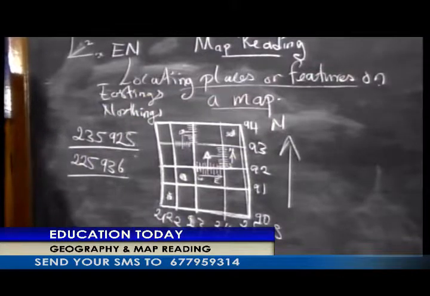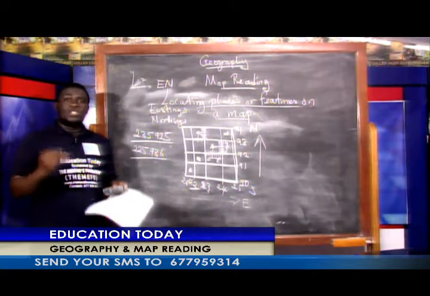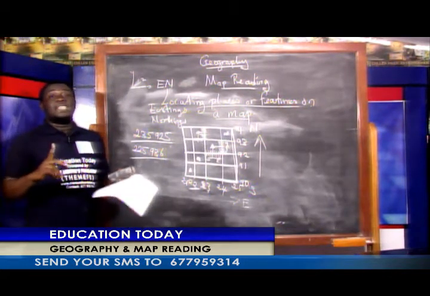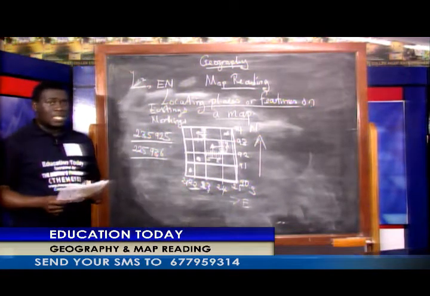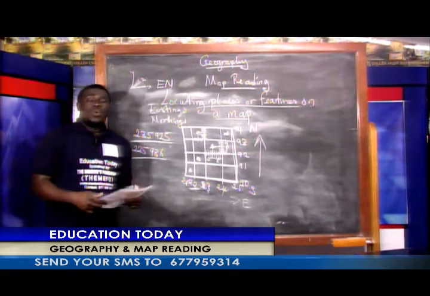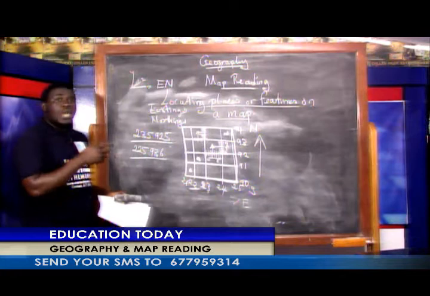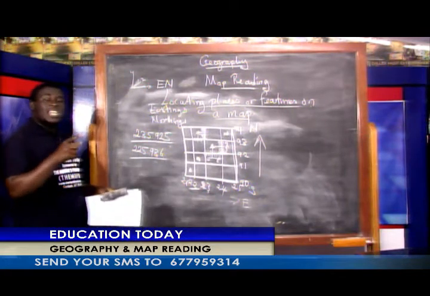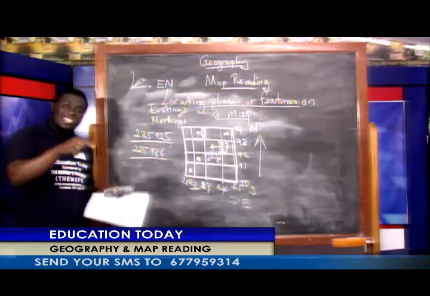To be able to move from 6-figure grid reference to 4-figure grid reference is pretty simple. Don't get mixed up. For advanced level students, please look up. In the exam, when you are working with the map, they will give you a road and they will locate the point where you are to begin calculating or analyzing that road from.